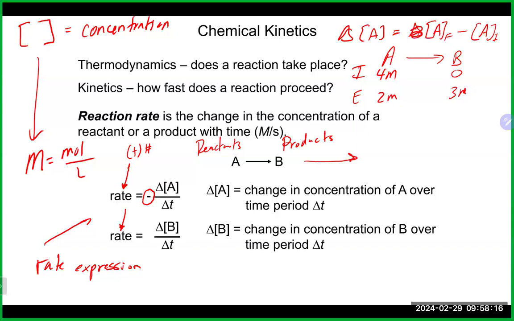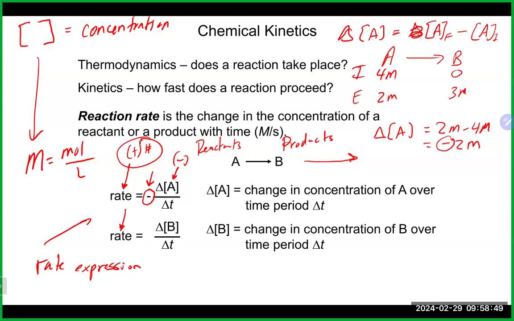So when we calculate the change in the concentration of A in my made up example, we take the final concentration, which is 2, minus the initial concentration, which is 4, and that gives me what type of number? A negative 2. And that negative, along with this negative, will turn my rate into a positive number. And that is why we have that negative in front of it for our reactants.